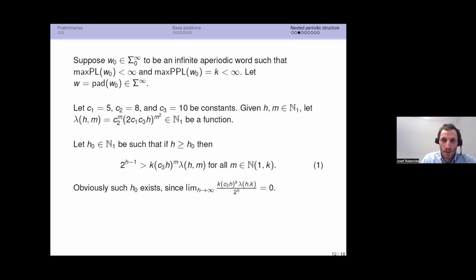So using this limit and this function, I derive the value for h0, and for every h which is bigger than h0, I will be able to prove the conjecture. So basically it says I will consider only factors that have more non-periodic palindromic prefixes than h0.